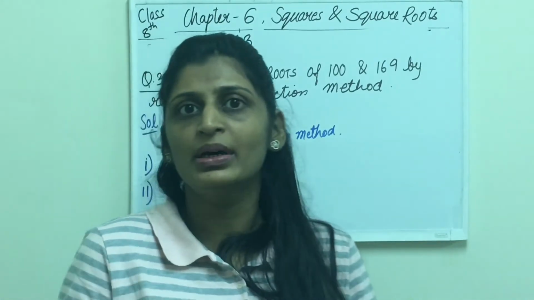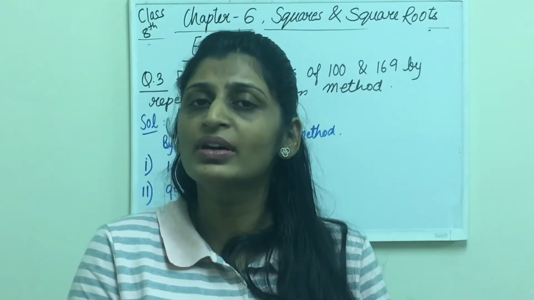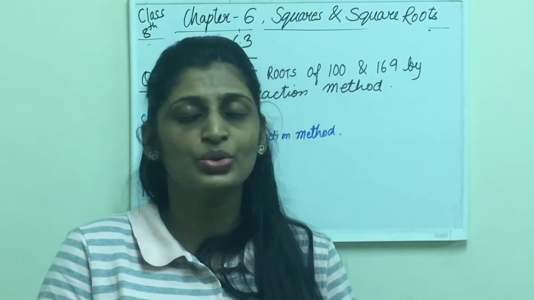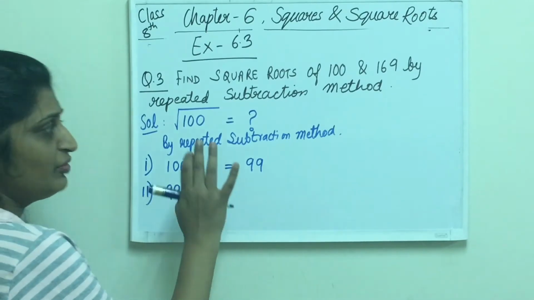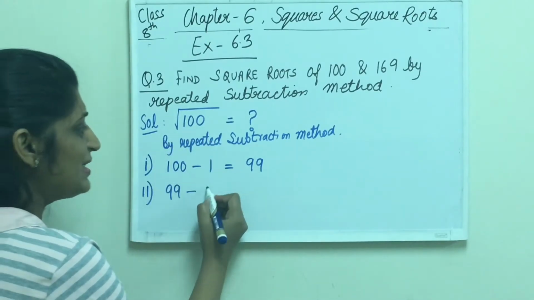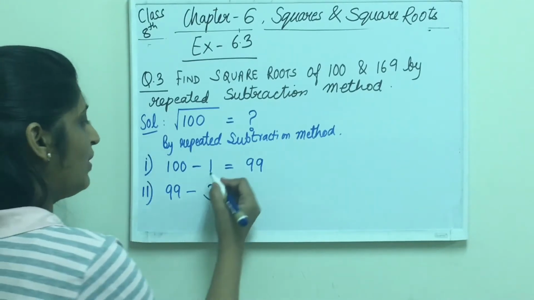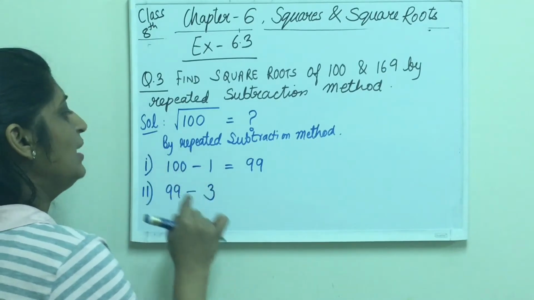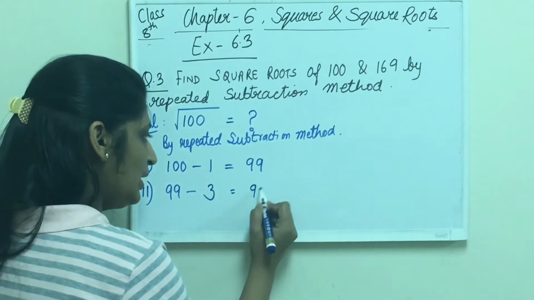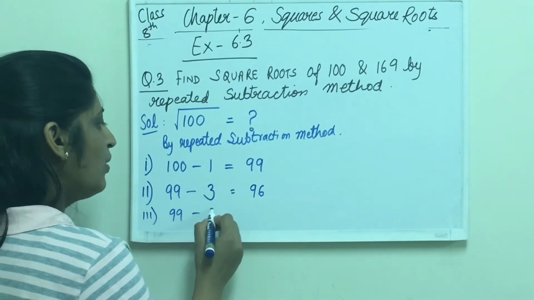If you remember, I told in the previous video that the sum of the first n odd numbers is always equal to the square of n. So by the same property, we will subtract odd numbers one by one from 100. First we subtract 1, then 3, then 5.